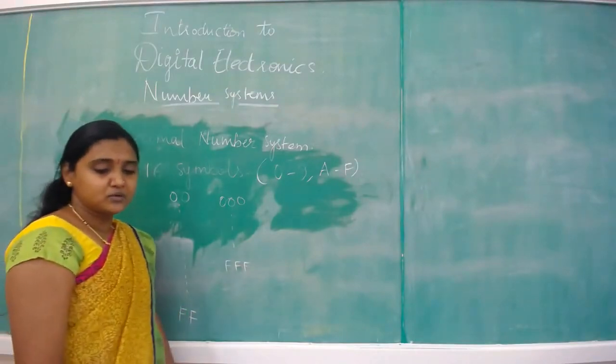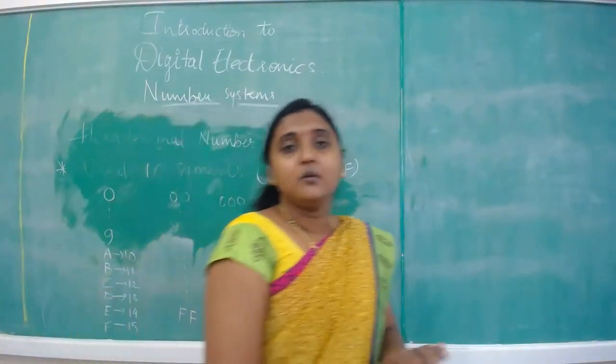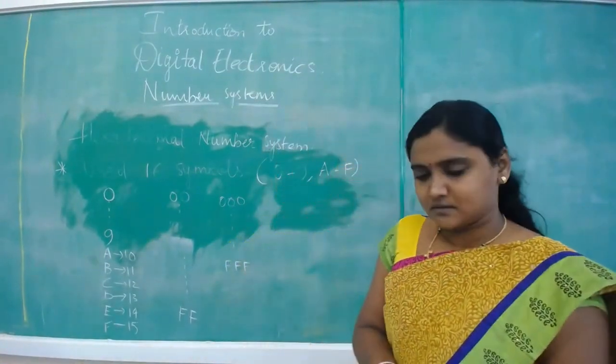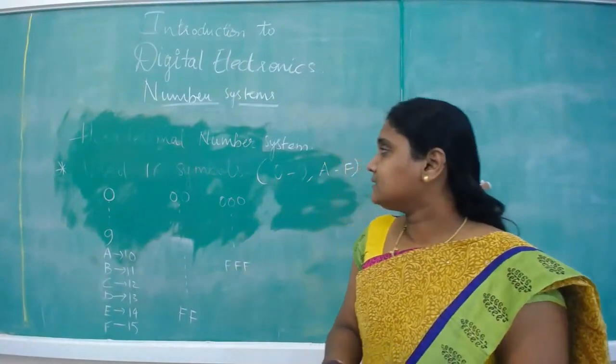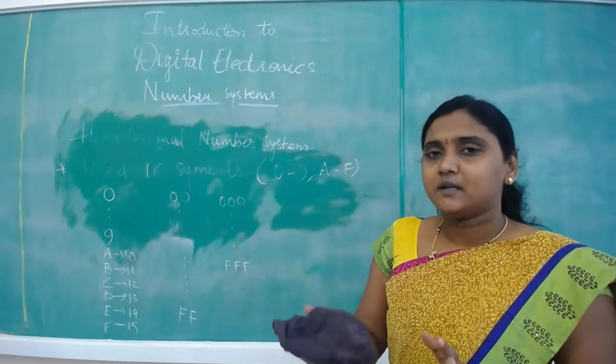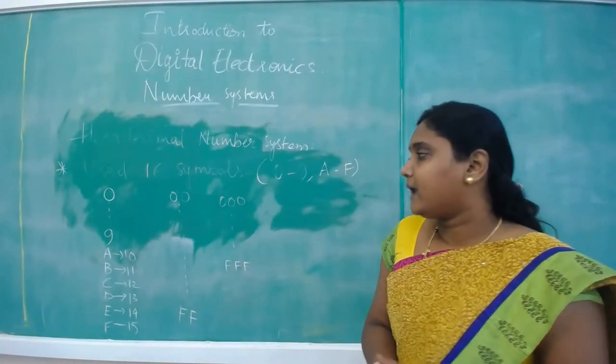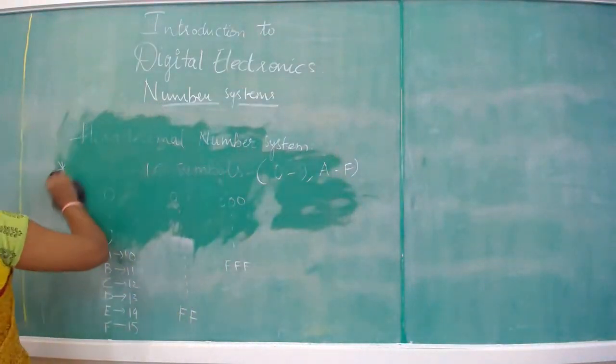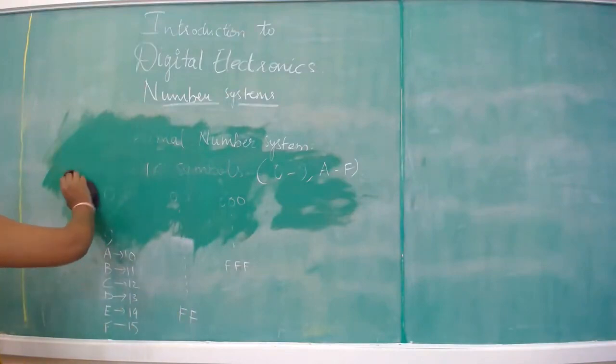All detail about this we will study while studying the conversion from one number system to another. Okay. So we have seen the total number of symbols used in each number system and how important they are.